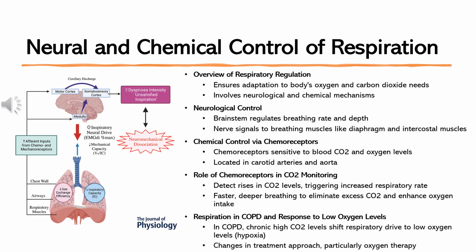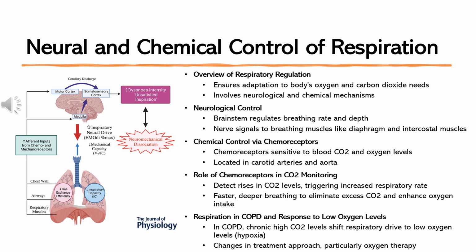In conditions like chronic obstructive pulmonary disease, COPD, where breathing becomes difficult, the regulation of respiration can change. Normally, high CO2 levels are the primary driver for increasing breathing rate. However, in COPD patients, their bodies adapt to chronically high CO2 levels. Here, low oxygen levels, hypoxia, become the main stimulus for breathing.